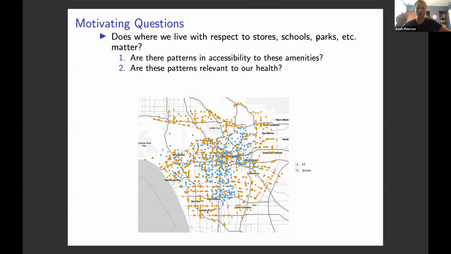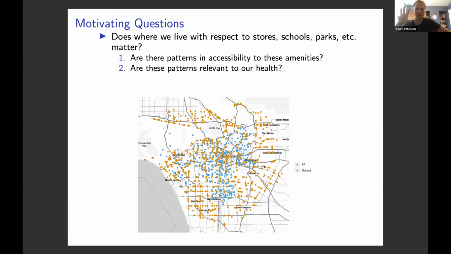In the talk I'm going to give today, we're interested in features of the built environment that we can discretely pinpoint or model as a point pattern process. That's why I have this picture here of elementary schools and fast food restaurants in California during academic year 2010.